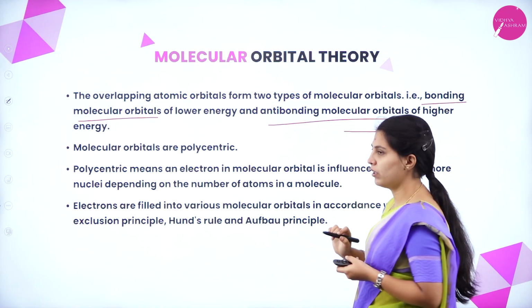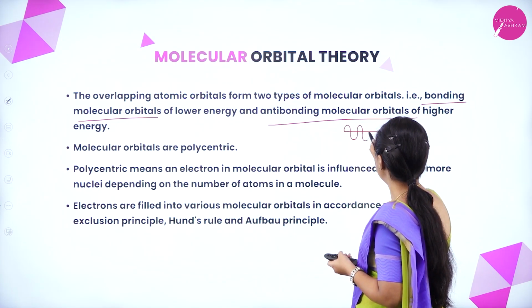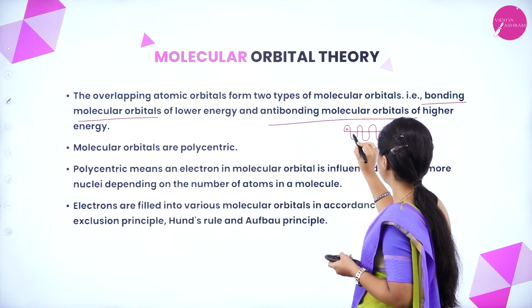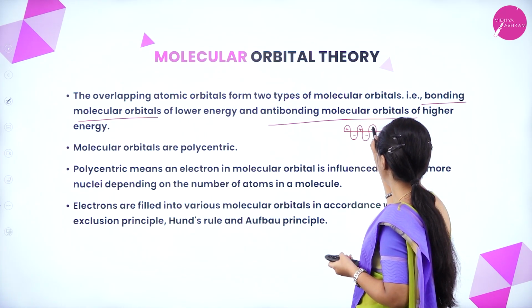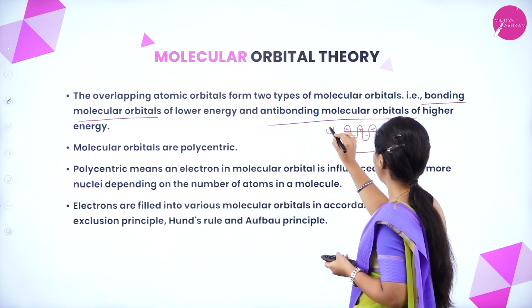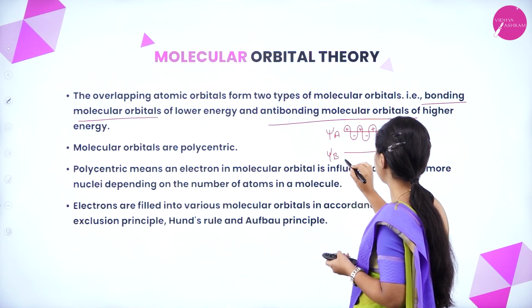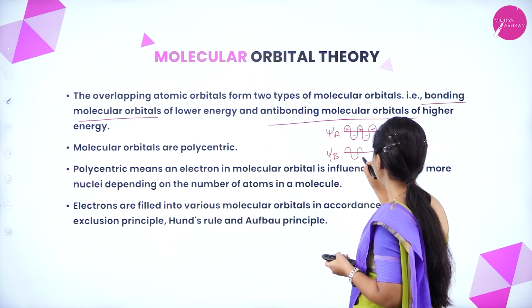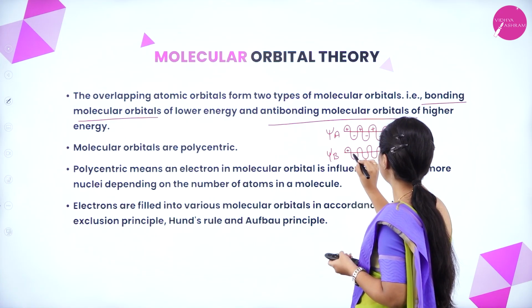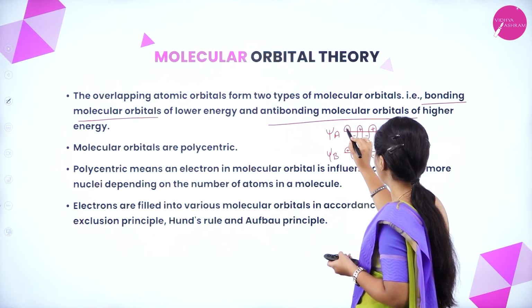This is the level: plus, minus, plus, minus, plus, minus, plus. And if this is phi A and this is phi B, how will it be present? Plus, minus, plus, minus, plus, minus, like this.